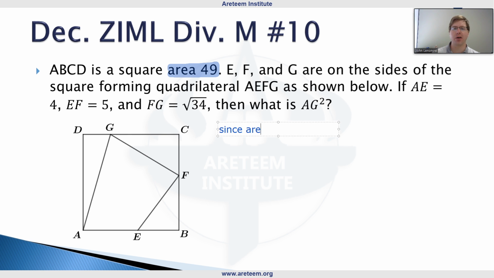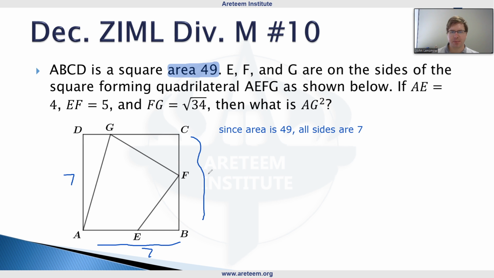So since the area is 49, all the sides are 7, right? So we have immediately that all the sides of our square are 7, right? So 7, 7, 7, 7. And then we can start working from there as well, right? So as you're reading, you can start filling in those angles and stuff there.